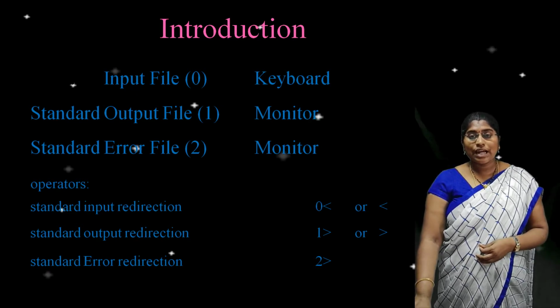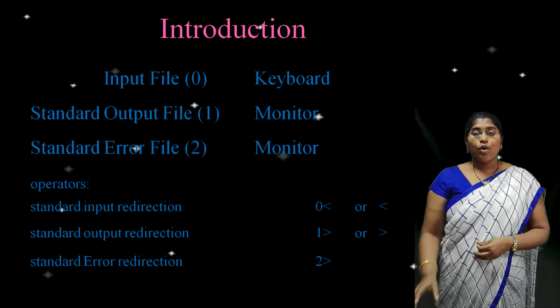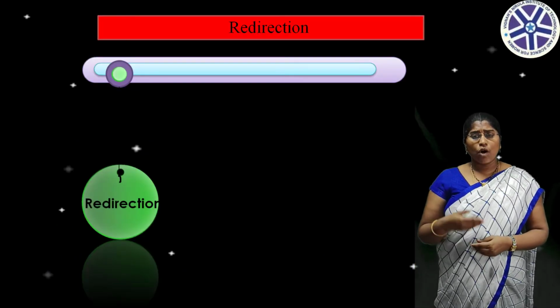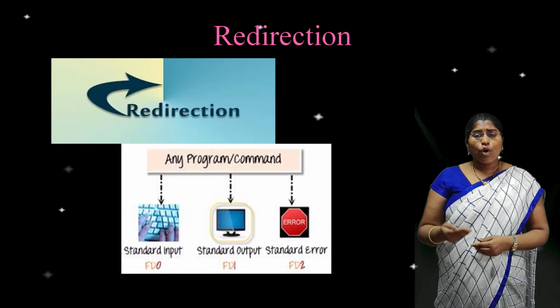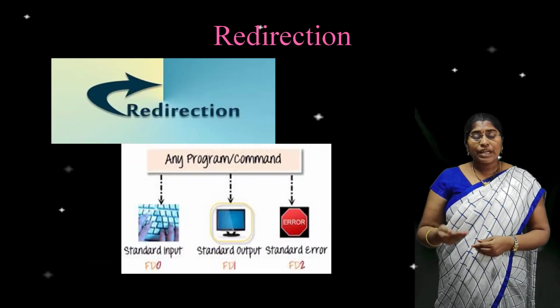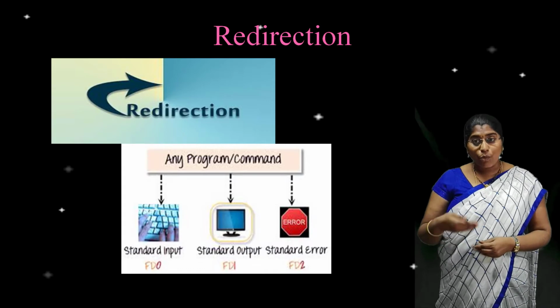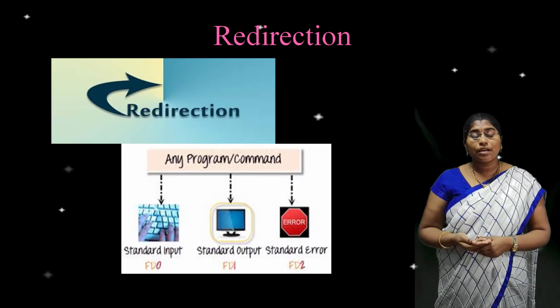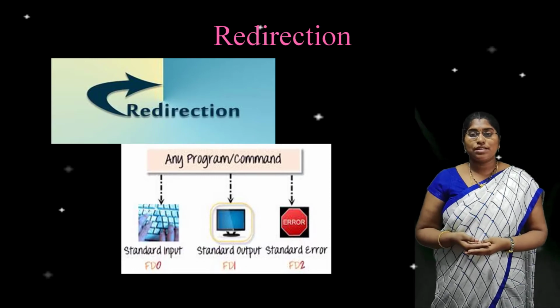Okay, let's see the redirection process definition. All streams, that means the input stream, output stream, and error stream, are pre-assigned to the keyboard and the monitor. Here we can change the default assignments temporarily using the redirection process.